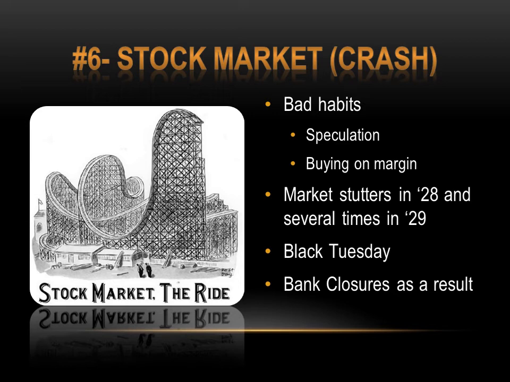And the stock market does get bailed out a little bit over the next week or so by some investors, and starts to steady a little bit, but gradually over the next couple months, people just completely jump out of the market. Part of it's because of speculation, part of it's because of buying on margin, part of it's because the market was going to go anyway, and those things just make it that much worse. And then people make things worse, as they normally do, and they panic.